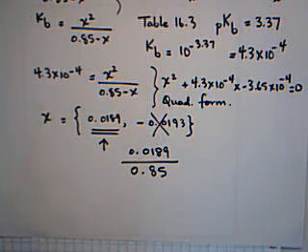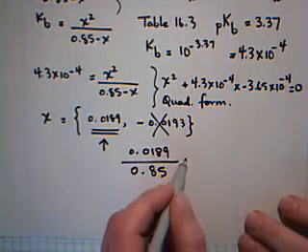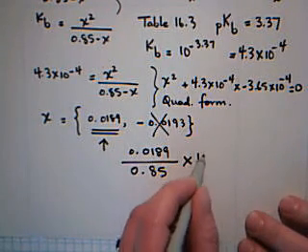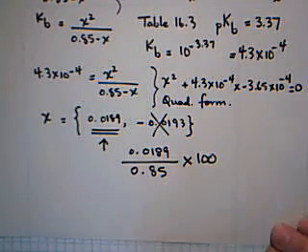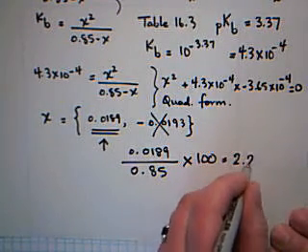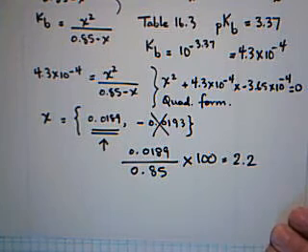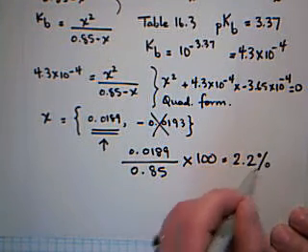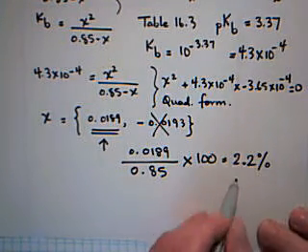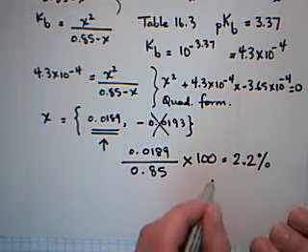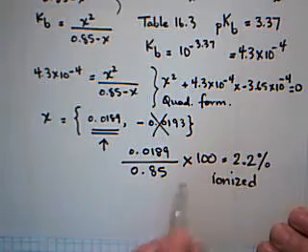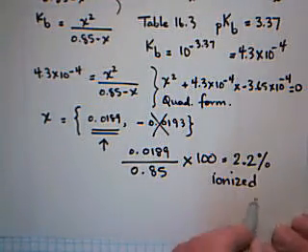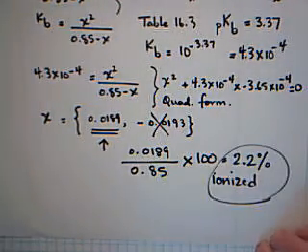So that would be the degree of dissociation, 0.022. It's a fraction. But my percent ionization is taking that fraction and multiplying it by 100. And that will give me 2.22, but I'll report it as 2.2 for 2 sig figs. So it's 2.2% ionized, this ethylamine in water. So there's my final answer.